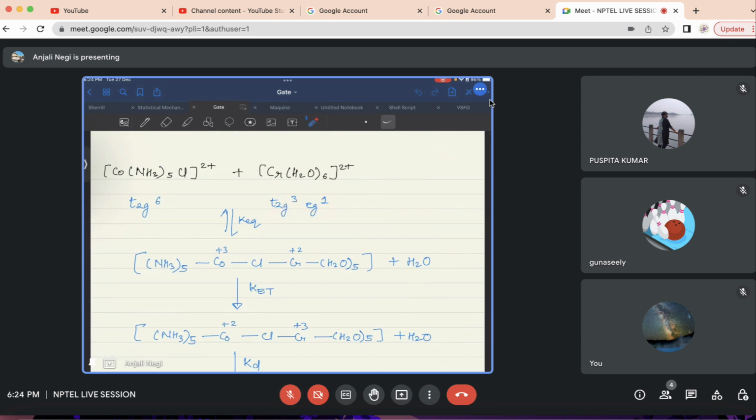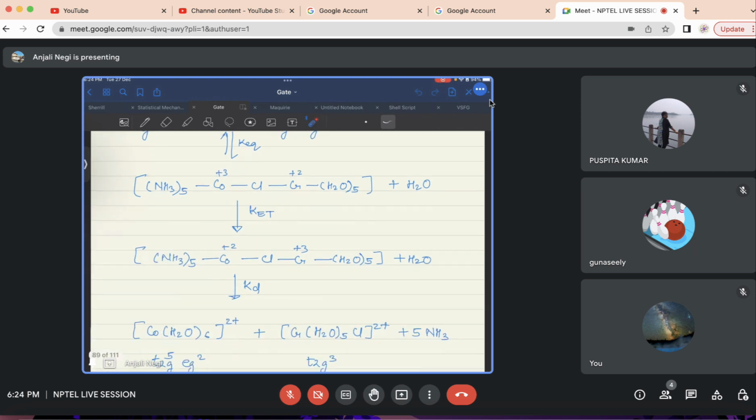Okay, now this is K equilibrium, and this is the precursor complex that we have. So we have our metal here, another metal here, and this is my labile group, that is my bridging ligand, that is my chlorine, and this chlorine will do the electron transfer here, and here we have ammonia, here we have water.